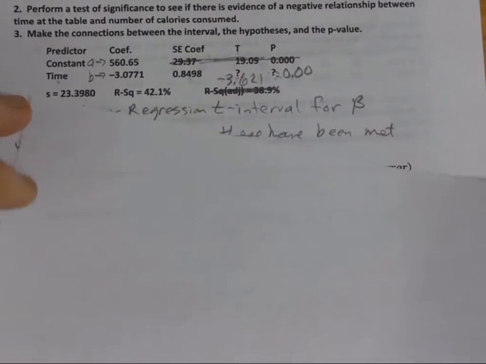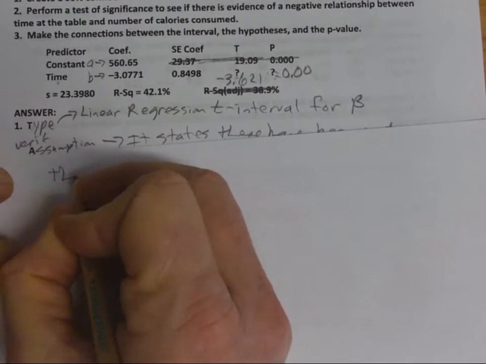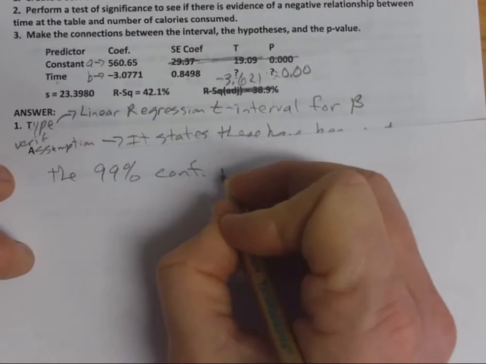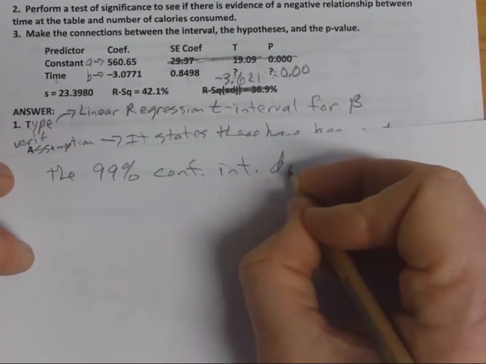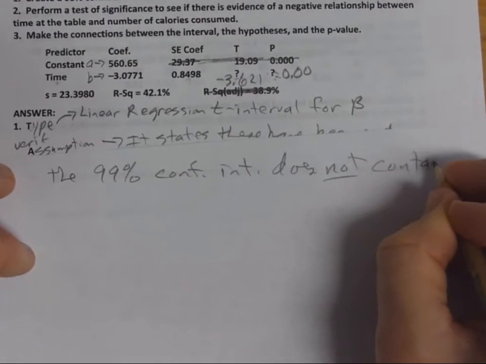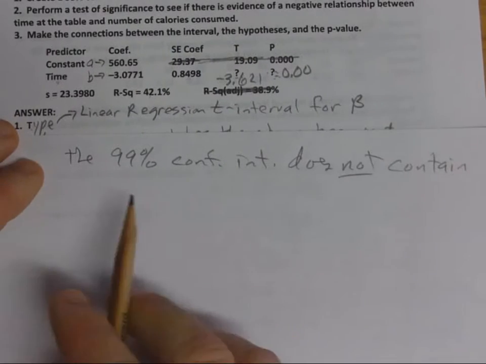But here's the connection that you need to be able to make, and we've done this before. The 99% confidence interval does not contain the hypothesized value, which is basically all the time going to be 0 in this chapter.